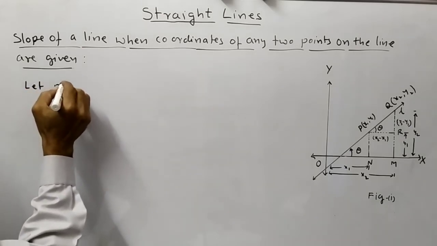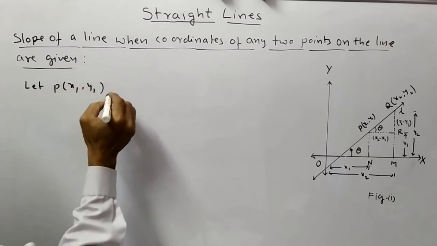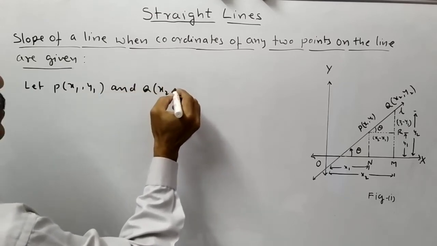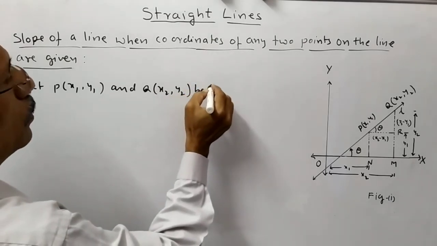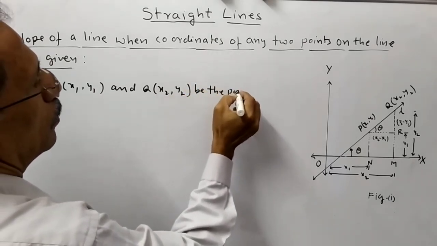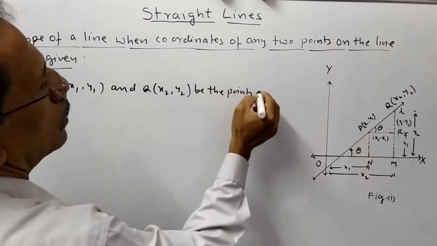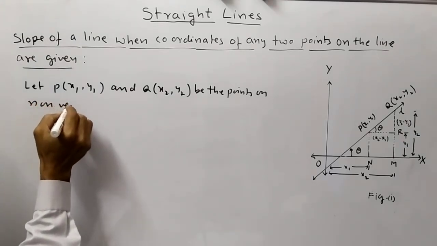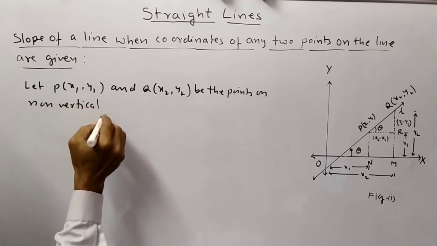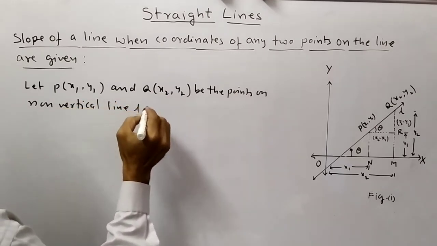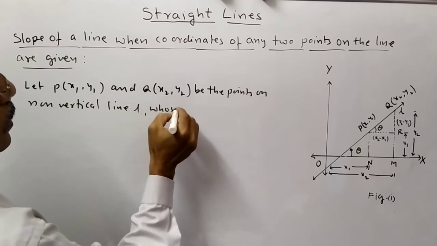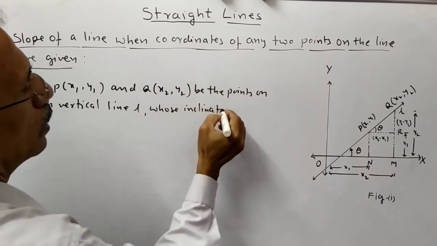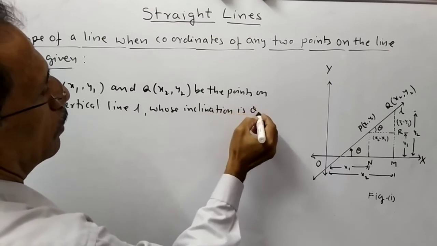Let P x1 y1 and Q x2 y2 be the points on non-vertical line L whose inclination is theta.